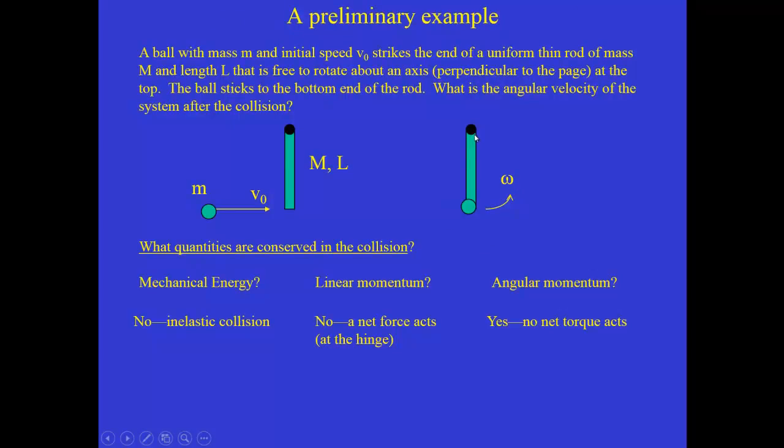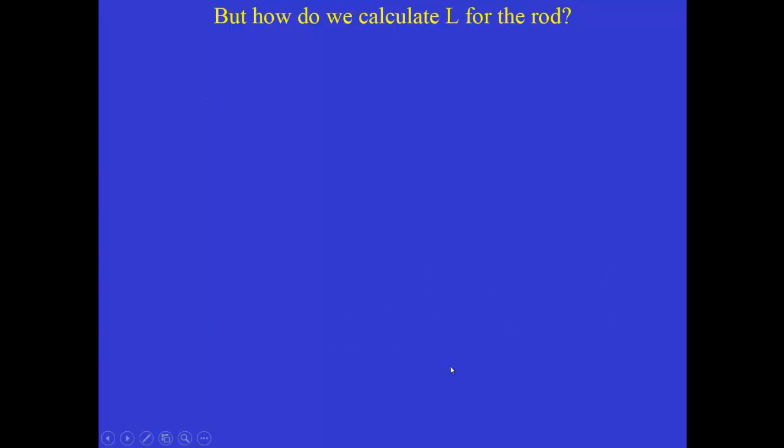But it's not obvious how we apply the expression for angular momentum of a point particle, because the rod is composed of lots of individual point particles that stretch from the rotation axis all the way down to its end. So how are we going to find the angular momentum of the rod? And there's a very simple expression for that.